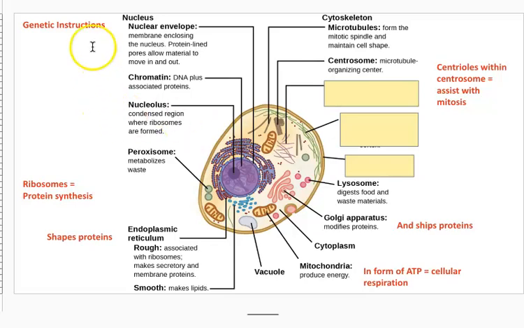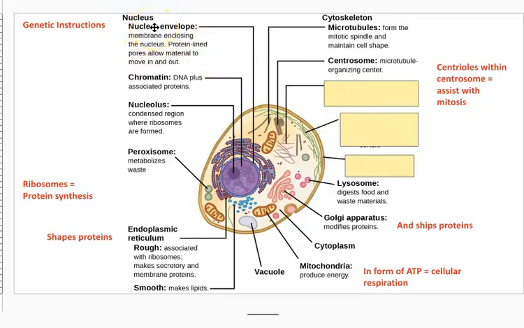These red terms over here are just additional, trying to simplify some of the parts and what they do, so I will go over them as we go through. These I've crossed out, so just remember when you look at the sheet I'm going to give you not to worry about those. We're going to start with the nucleus.